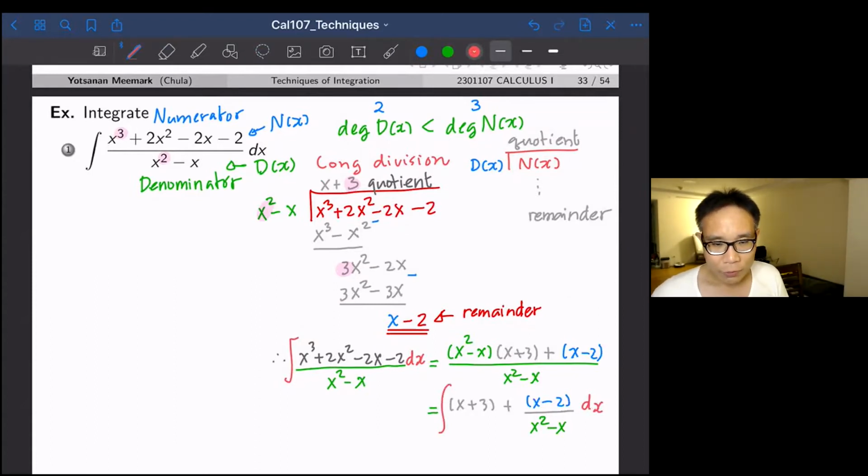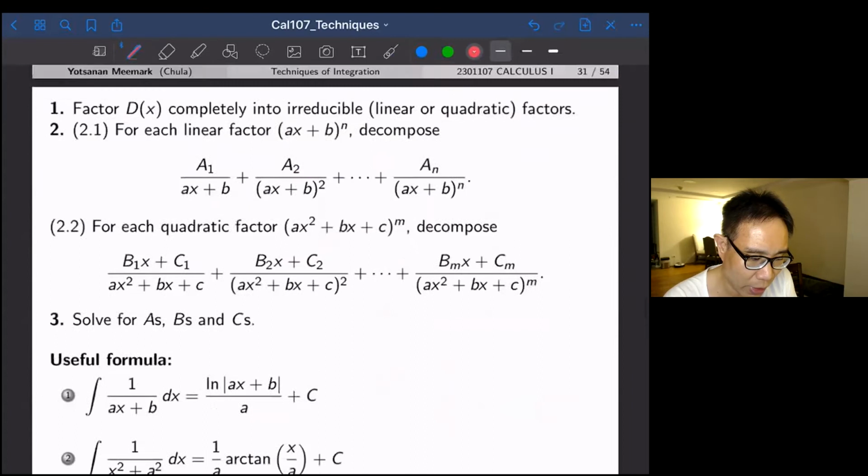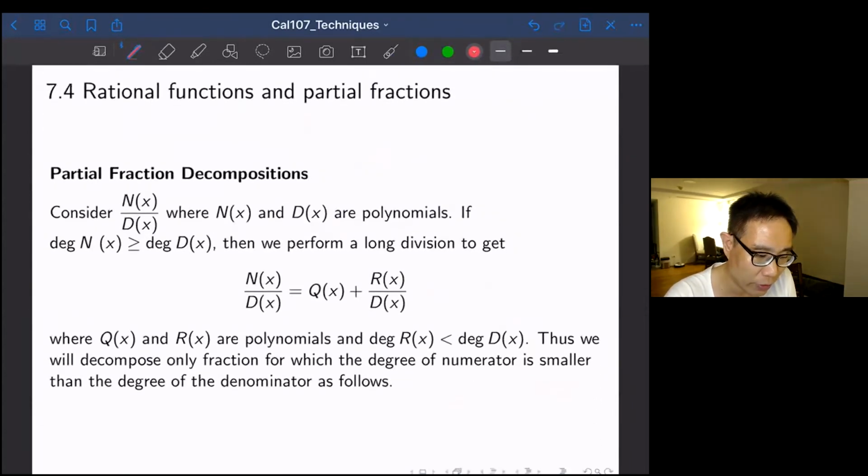And you see that we'll be able to perform long division for any rational function where the degree of the numerator is more than the degree of the denominator, in order to obtain a remainder whose degree is smaller than the degree of the denominator. So this is the conclusion on page 1: if the degree of the numerator is more than the degree of the denominator, you can perform long division and get the quotient.